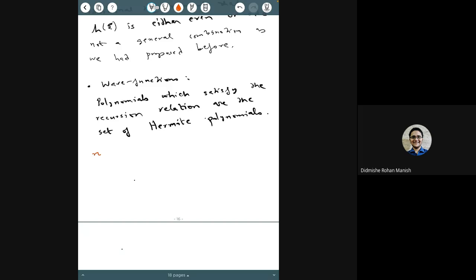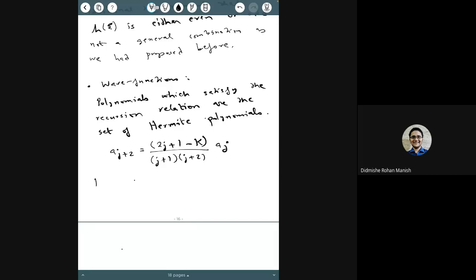So given an n, let me do this a little bit better. We have a_{j+2} equals (2j+1-k) by (j+1)(j+2) times a_j.